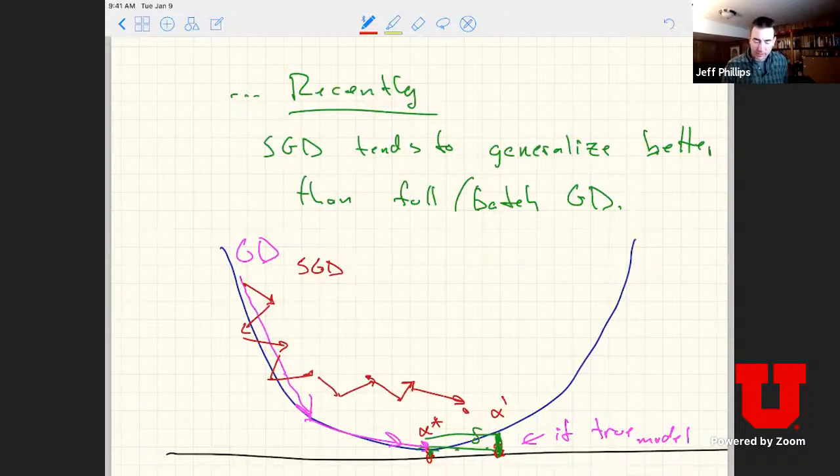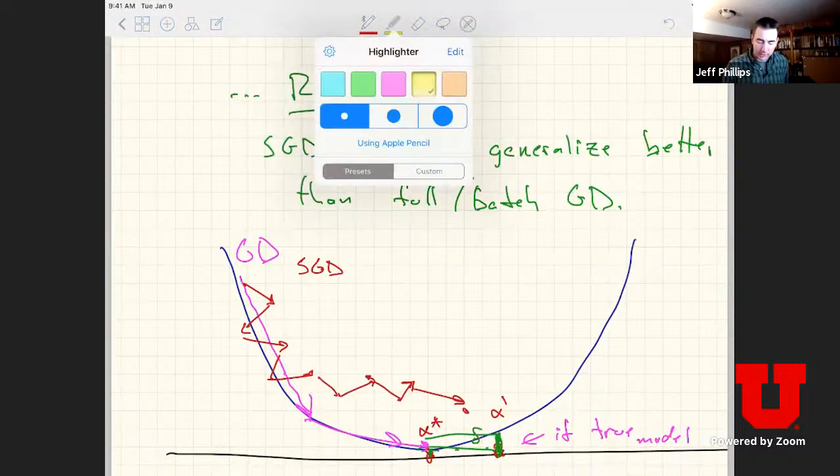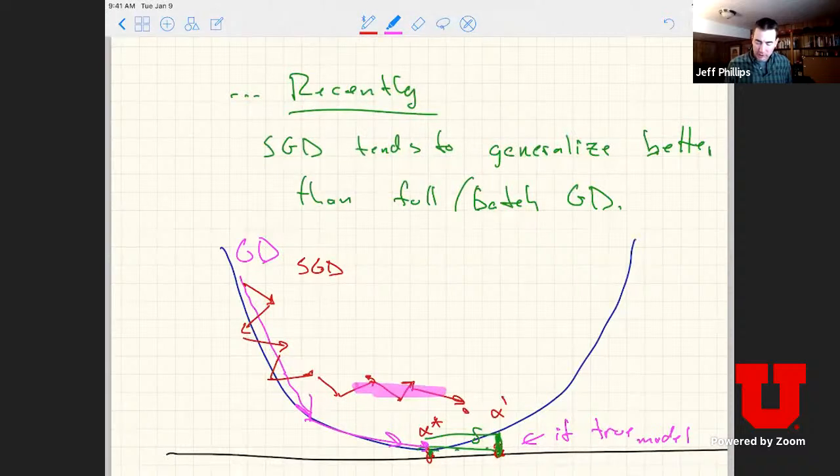If I look at this region here, on average it's looking fairly flat after a while because I'm looking at single data points and averaging over a few of them. So it might stop early, away from the minimum.